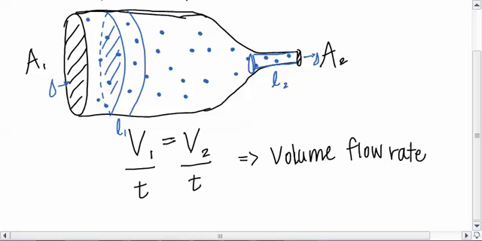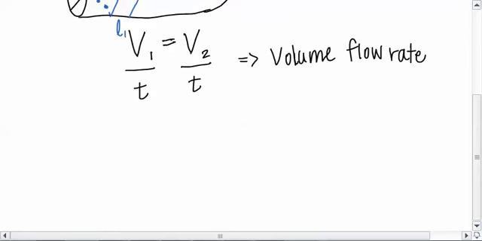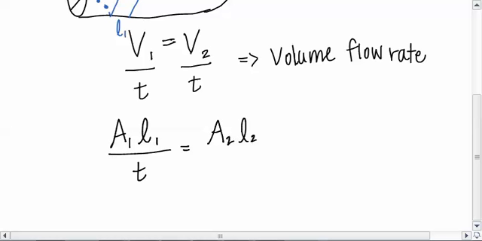How do you find the volume of a cylinder? Base times height. How about let's write it as the area of the base times the height, and in my case it would be A1 times L1 over T. And then for our narrow section, we'd have A2 L2 over T.